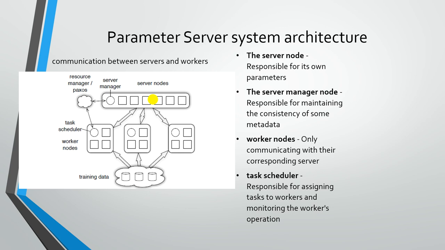Then the server manager in here is responsible for maintaining the consistency of some metadata, such as the status of each node or the distribution of parameters. There's no communication between worker nodes. Worker nodes always communicate with the server nodes only. In this case also, the worker nodes always communicate with their corresponding servers, not with all the servers.